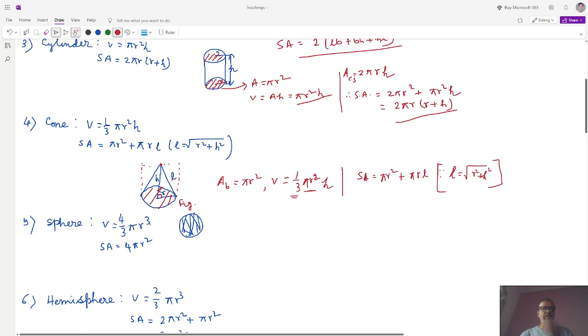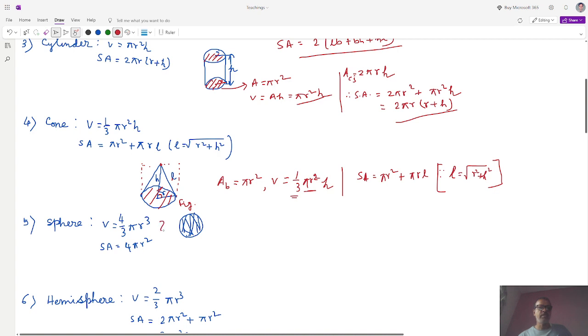Now come to the sphere. You are all aware of the shape sphere. It is like a football shape, and the volume of a sphere is equal to 4 by 3 pi r cube, whereas the surface area equals 4 pi r square.